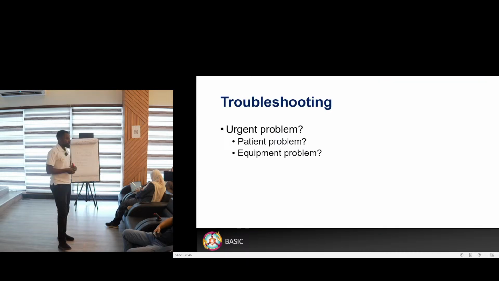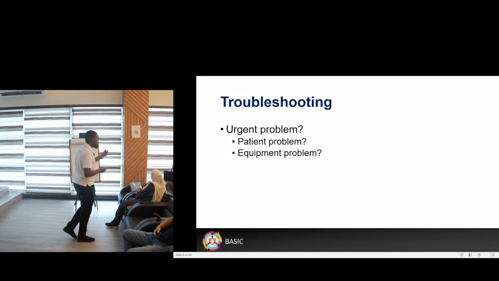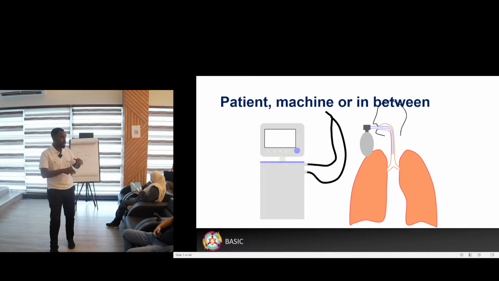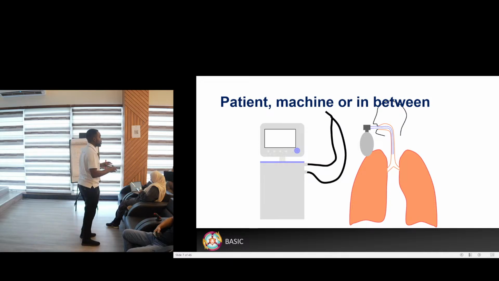So is it a patient problem or is it an equipment problem? While you have your team together, your nurses, your fellow doctors, now you can quickly solve the issue.